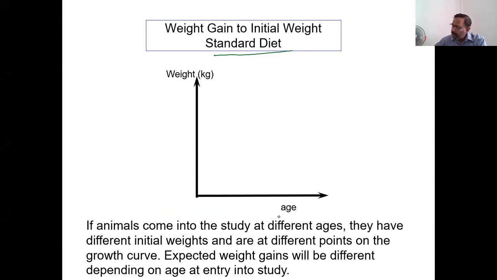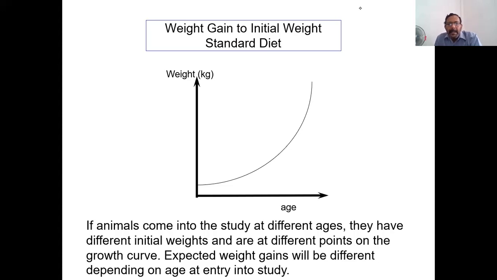How can we define this? So this is how normally the situation is. If you fit a line with ad libitum feeding, we can have some kind of relationship like this: age versus weight in kilograms. Age maybe in years or months.